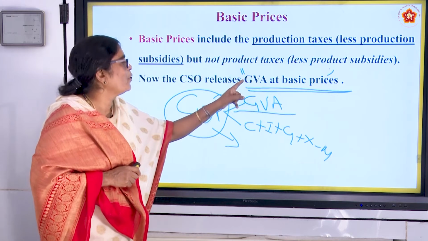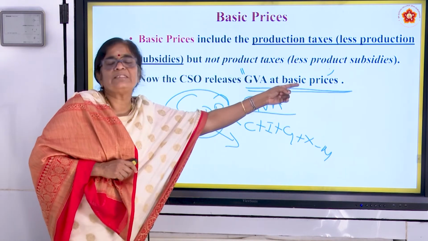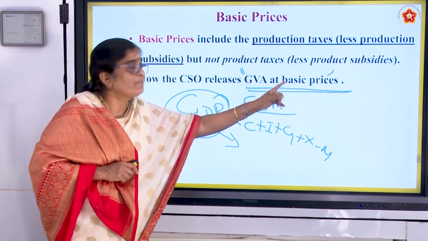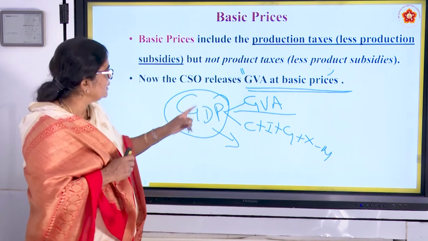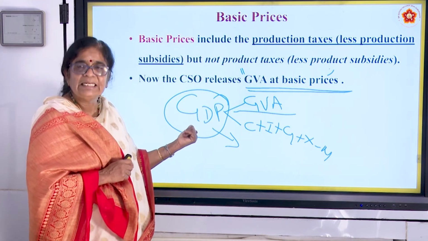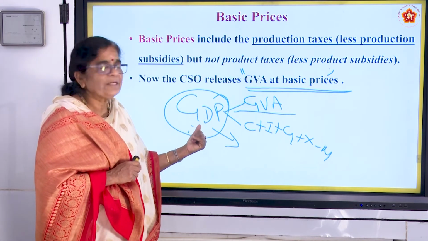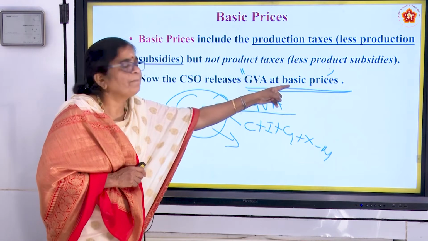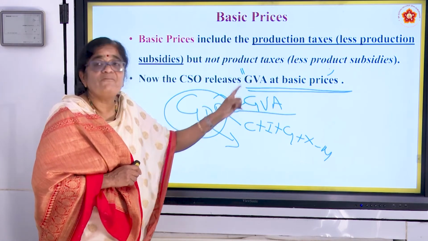When you see a report mentioning GVA at basic prices, you will automatically understand it is nothing but GDP measured for a particular year at basic prices using the value added method.